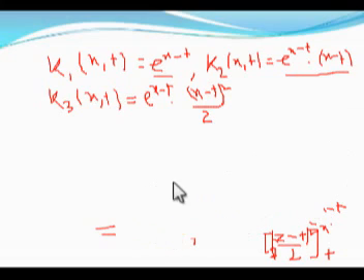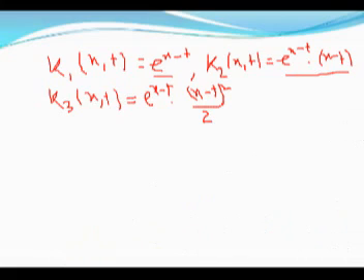This was our third kernel. We find out the fourth kernel, k4 x t, and now you have already understood how I am putting. I am directly putting all these values.